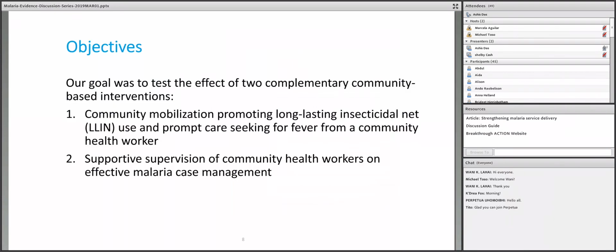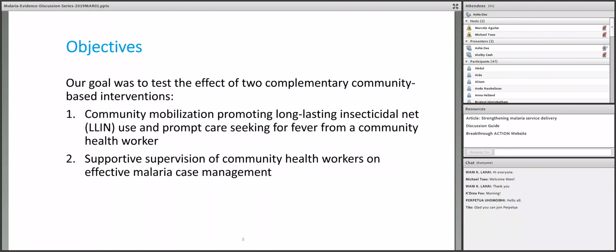So we set out this study with two major objectives. First one was to introduce intensive community mobilization activities targeted towards promoting usage of long-lasting insecticidal treated bed nets and timely care seeking for fever from a community level health worker.